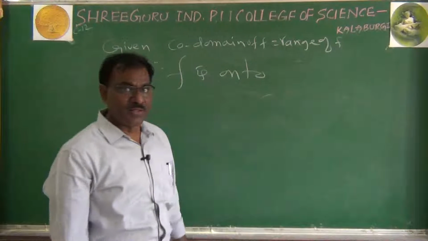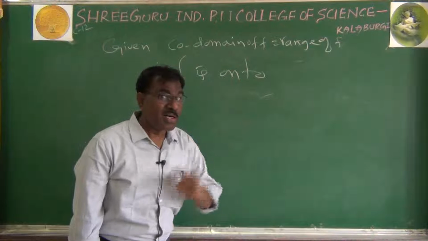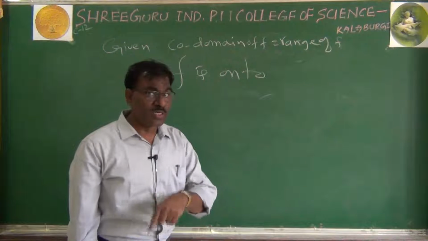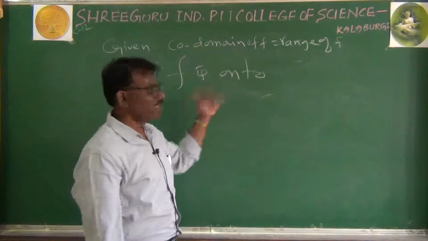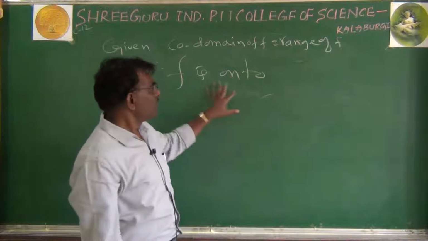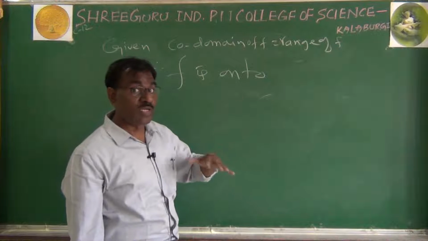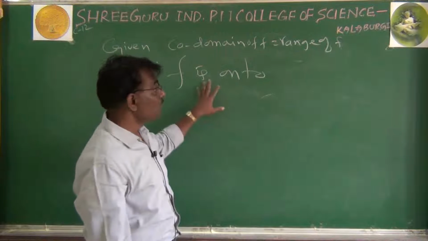He is not asking onto, but he is asking inverse. When the inverse exists, the function must be both one-one and onto. So I am taking that onto. How to write onto?